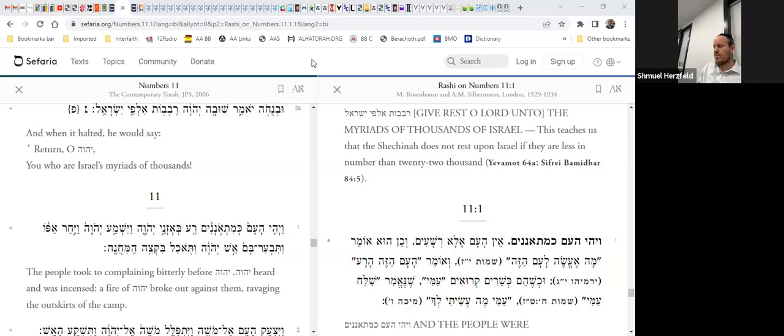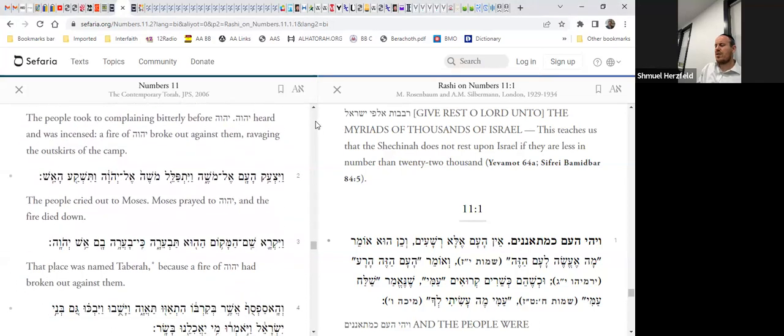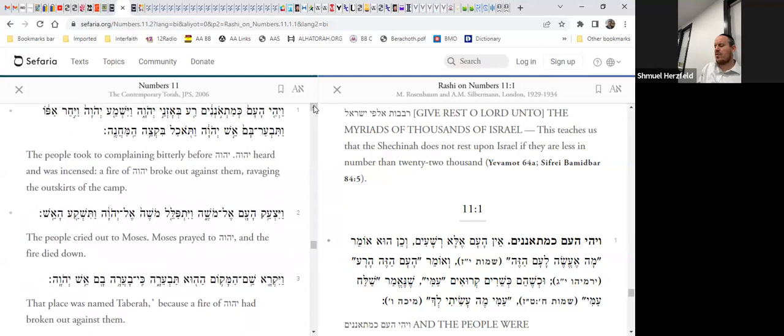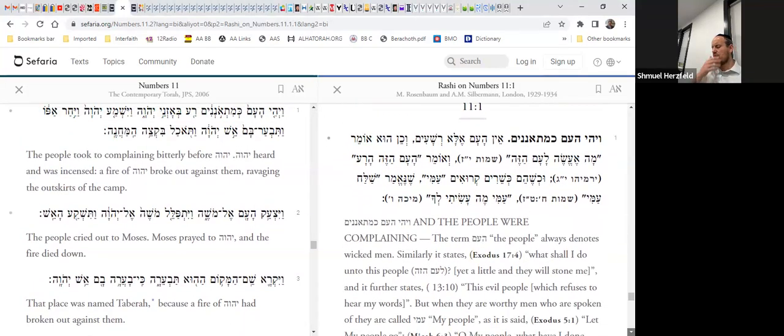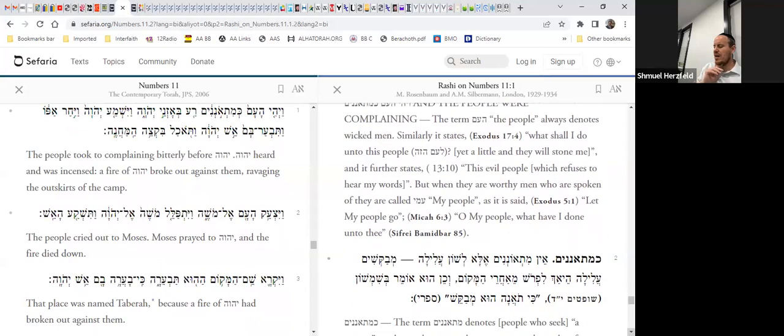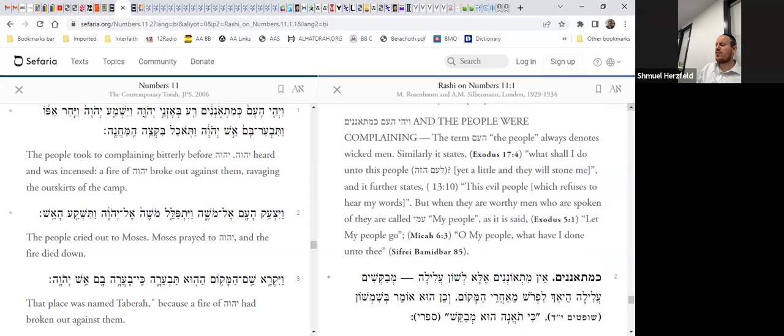Okay, so chapter 11, verse 1. "And the people were like misonanim." What's a misonanim? Rashi says, the word am refers to the wicked ones.